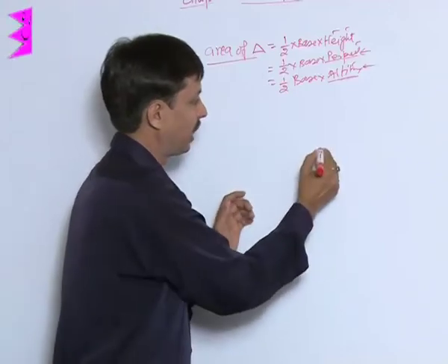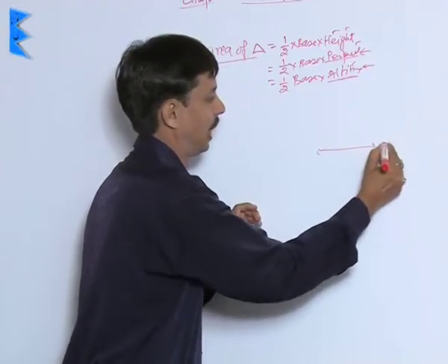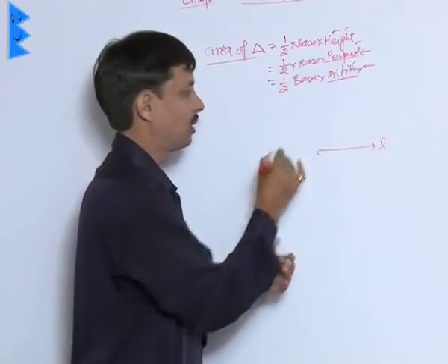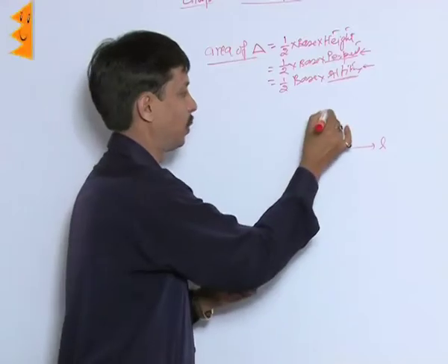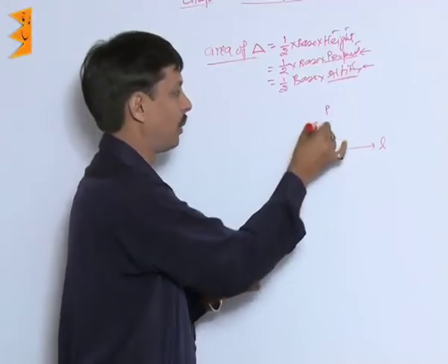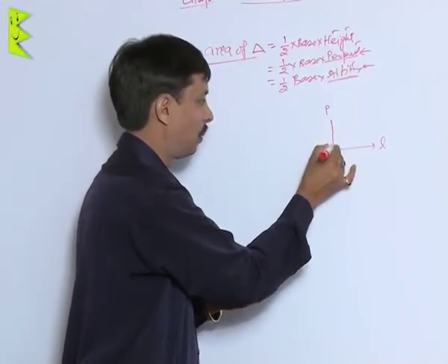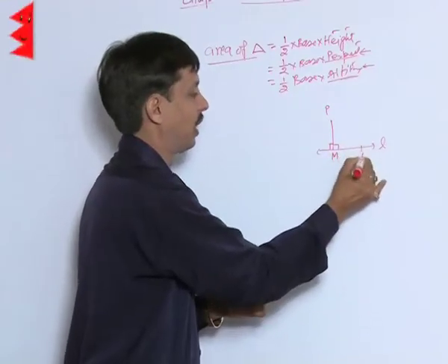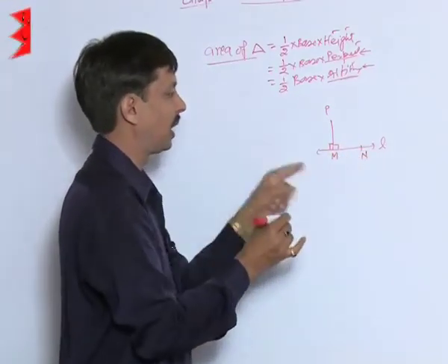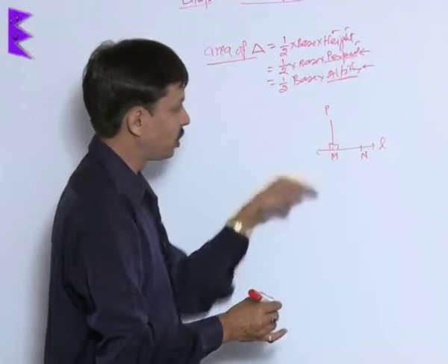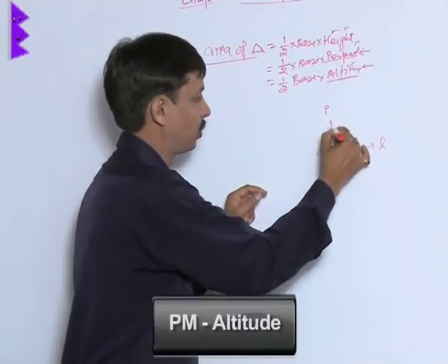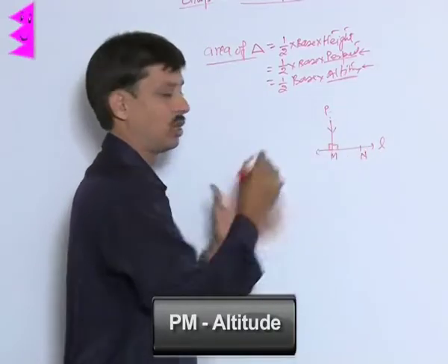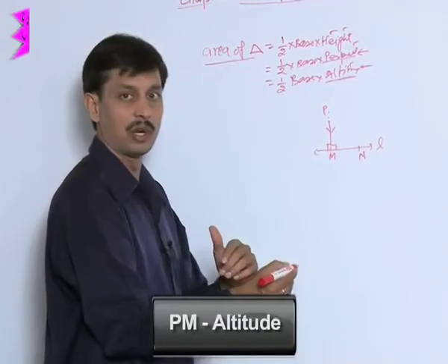No. If there is a line L, and a point outside the line, suppose P, and you have drawn a line segment from P to M making an angle of 90 degrees, like PM, this is known as altitude. PM is the altitude. And what is perpendicular then?